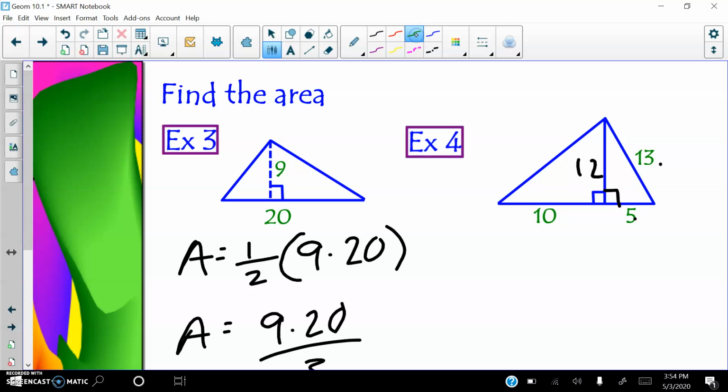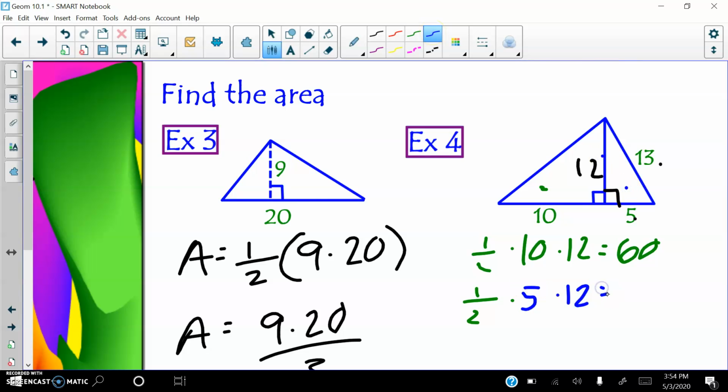So if you do triangle by triangle, this first triangle right here, I can do 1/2 times 10 times 12, which is 60. And then I can do 1/2 times this triangle right here, 5 times 12, which is 30. And if I add these together, I get 90. So that's one way you can do it.